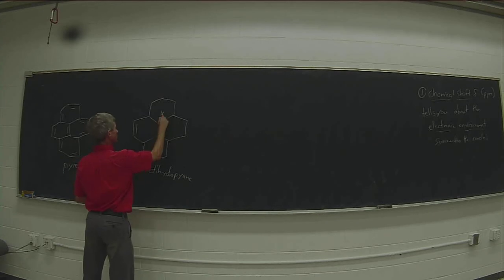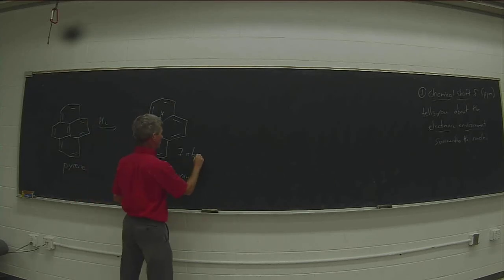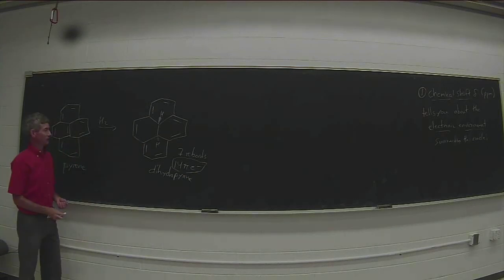Which has one hydrogen pointing up and another hydrogen pointing back. There are 7 pi bonds, which means there are 14 pi electrons in this system.